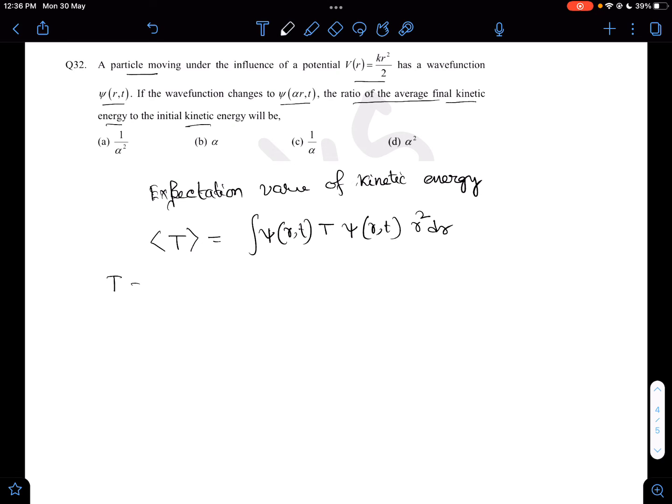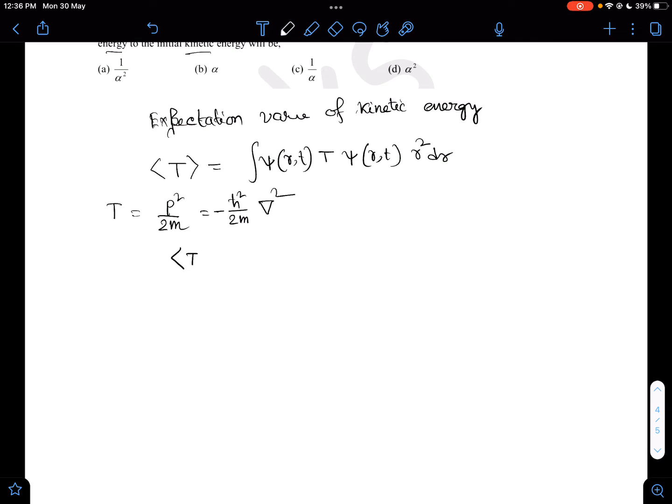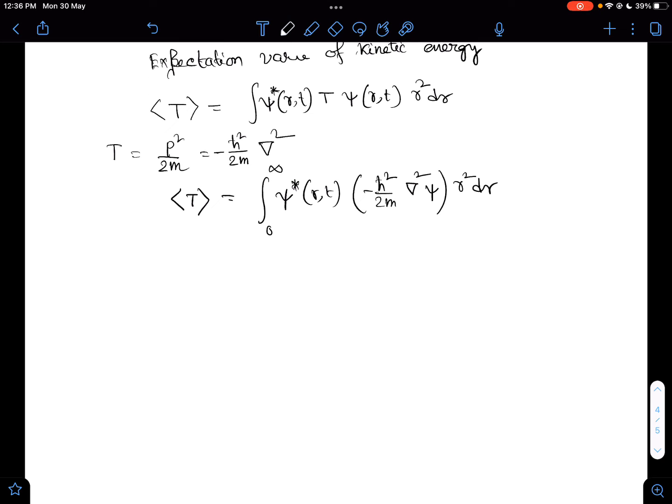Now T we know is p squared by 2m, and in 3 dimensions it can be represented in position basis as minus ħ² by 2m grad squared. So the expectation value is the integral from 0 to infinity of ψ*(r,t) times minus ħ² by 2m grad squared ψ, with r² dr. So this is our average kinetic energy.